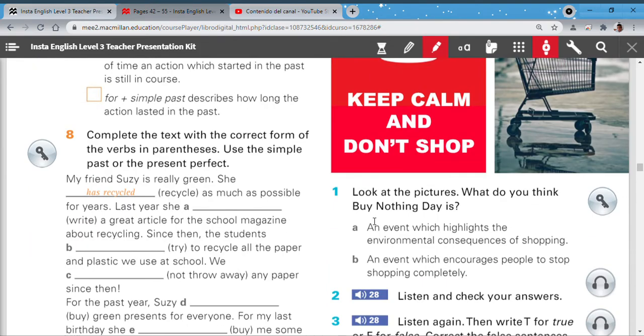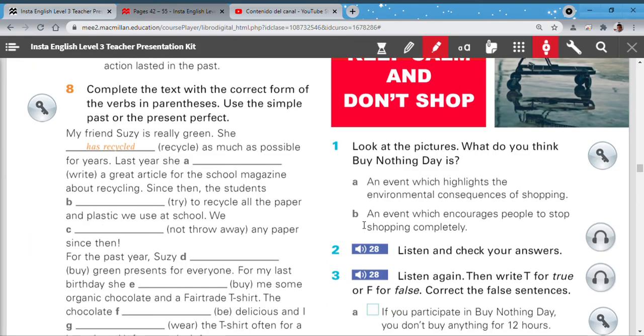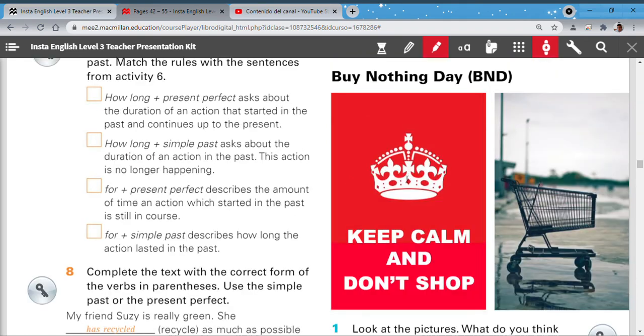That's good. So here you have number one. Look at the picture. What do you think Buy Nothing Day is? What's Buy Nothing Day? Could be a moment for no shopping. Okay. Could be a day without people in the mall, in the market.